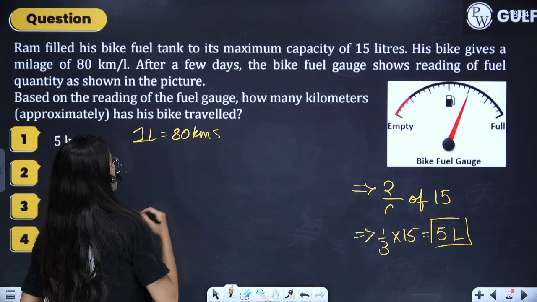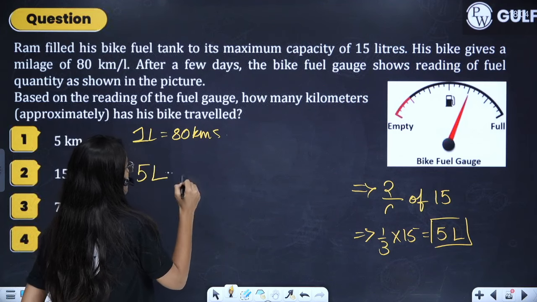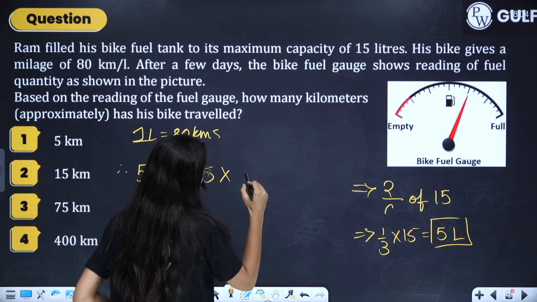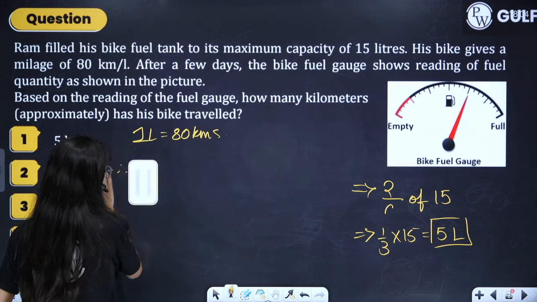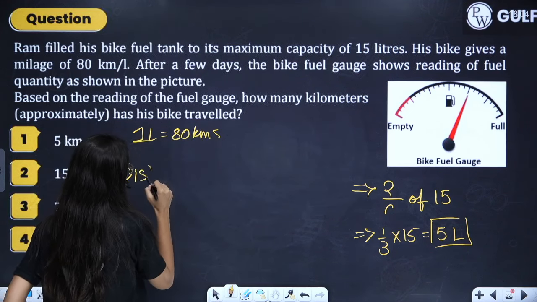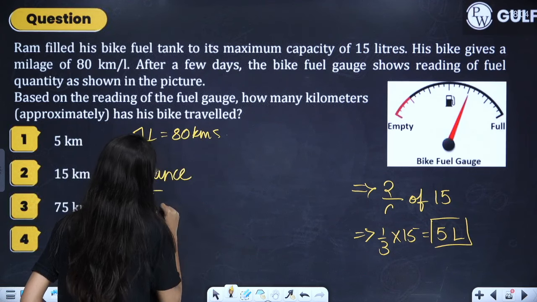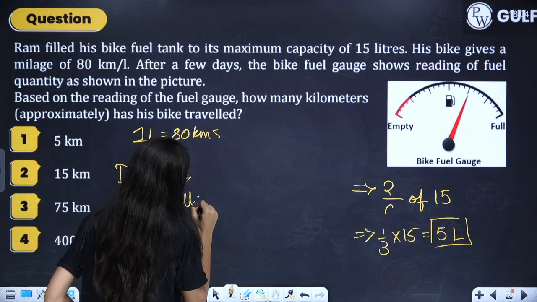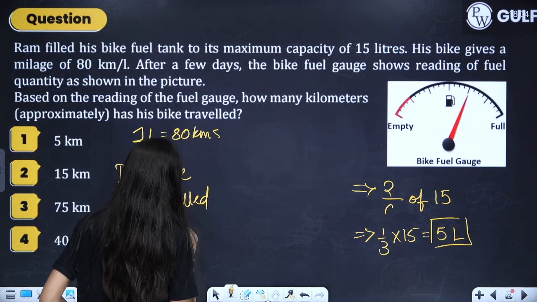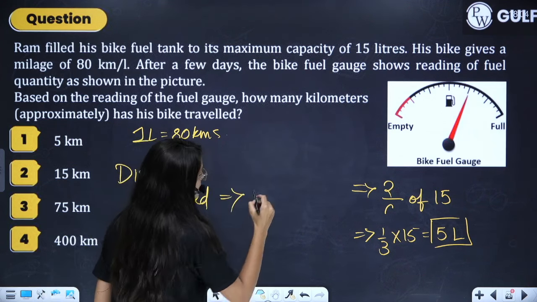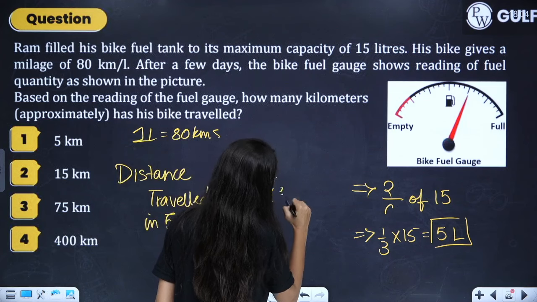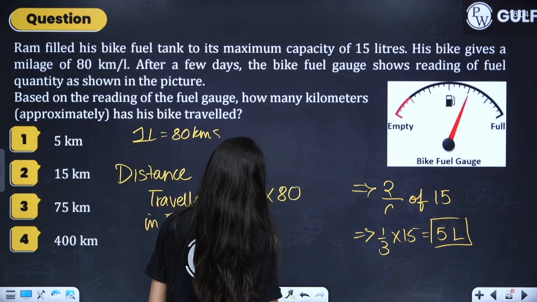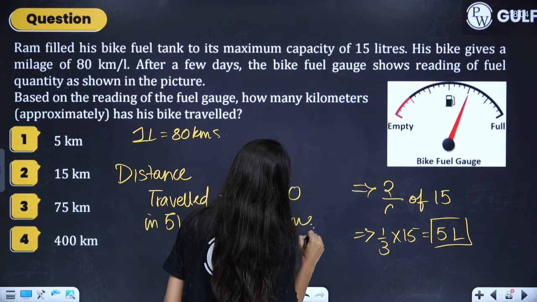So 1 liter is equal to 80 kilometers, so the distance traveled in 5 liters would be 5 multiplied by 80, which equals 400.